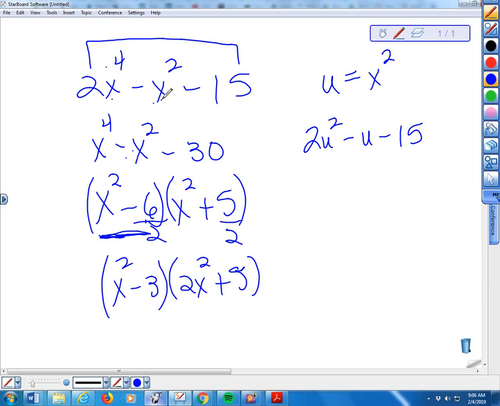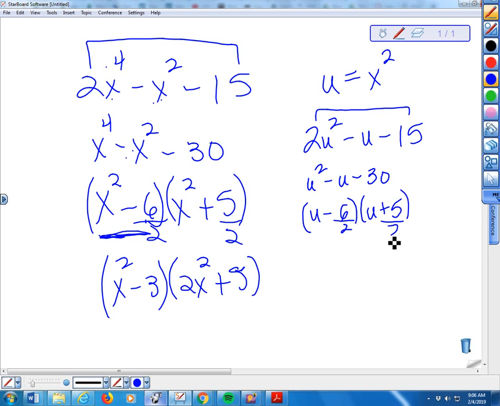Okay, and now when we do this, we can do it the same way. That becomes u minus 6, u plus 5, divide by 2, u minus 3, 2u plus 5. And now at the very end, you just take whatever u is and plug it back in.